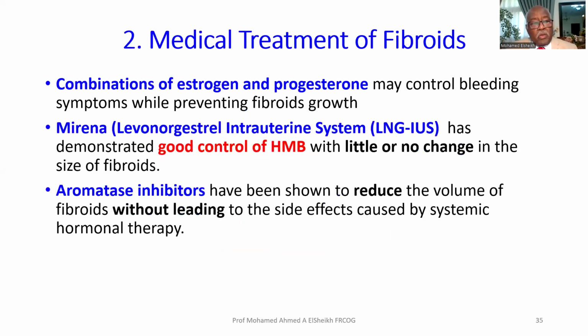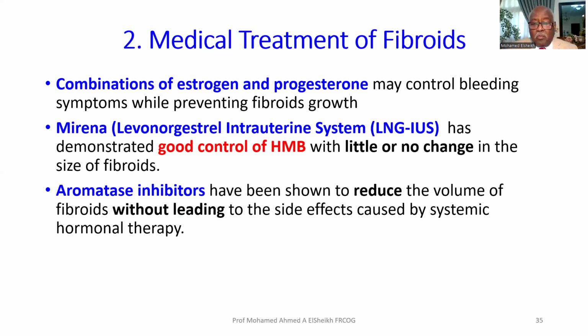Medical treatment, we said, combination of estrogen and progesterone, here is the pill, may control bleeding symptoms while preventing fibroid growth. The Mirena demonstrates good control of heavy menstrual bleeding with little or no change in the size of the fibroids. The size is there, but it controls the heavy menstrual bleeding.